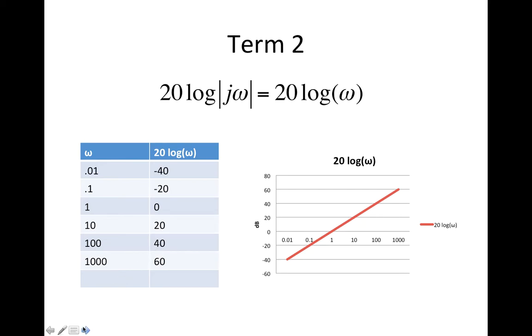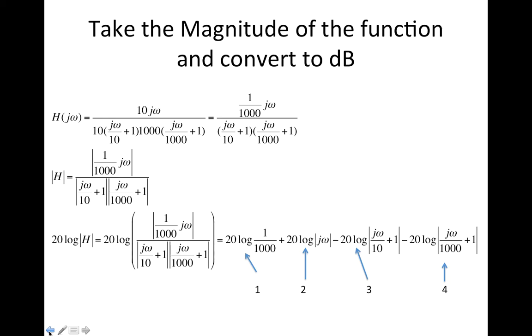Now, in this particular example, we had a third term. The third term has another breakpoint at 1000. And at 1000, we're going to pick up the same kind of behavior that we picked up from the previous term, just at a different location. So the previous term had a flat slope to 10 and then a negative 20 dB per decade.